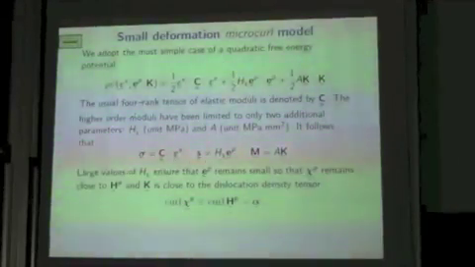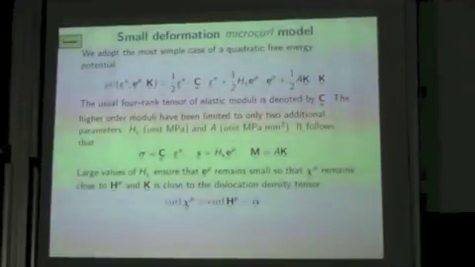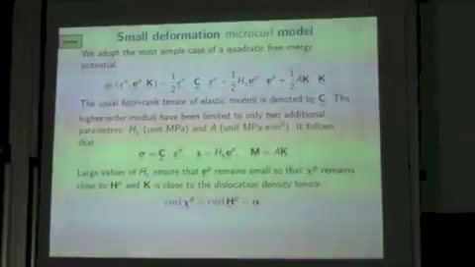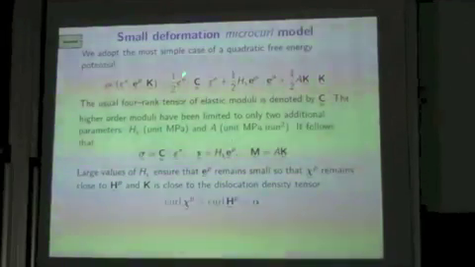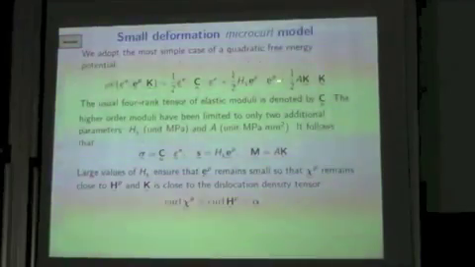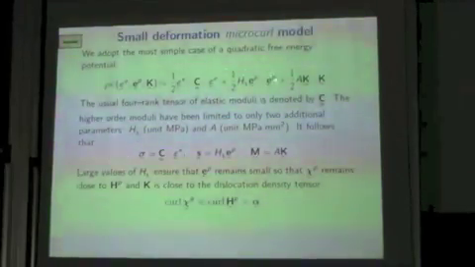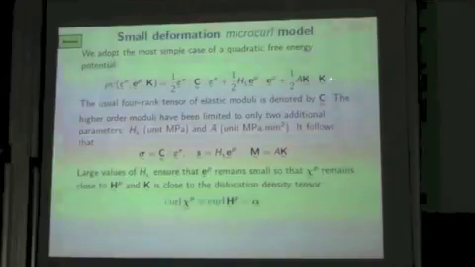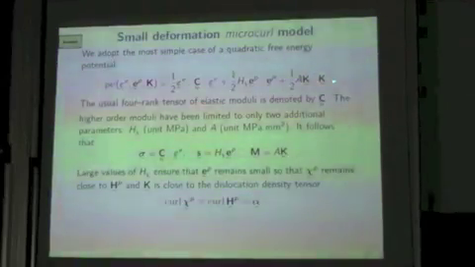In mechanics, when you try a new model, of course, you start with something simple, so you take a quadratic potential for the energy. So I take Hooke's law here, and I consider two contributions which are quadratic in the relative deformation and in the dislocation density tensor K. I introduce two parameters.